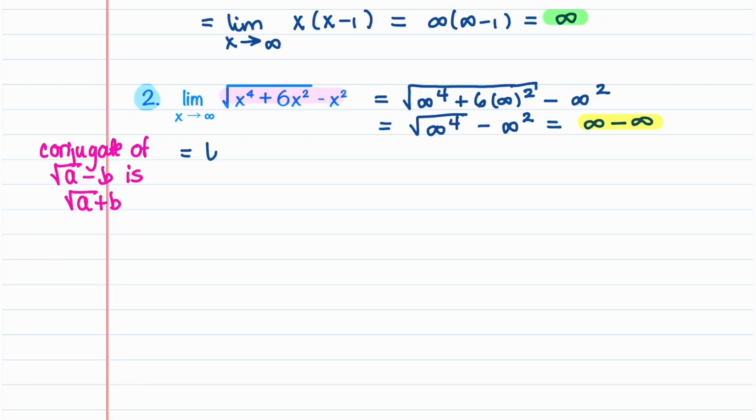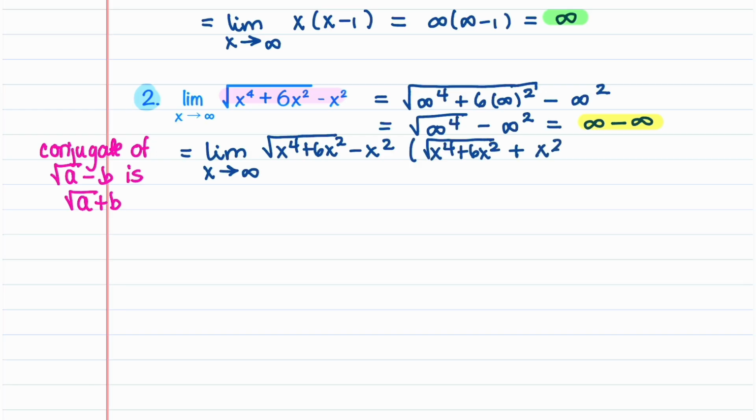This is equal to the limit as x goes to infinity, the square root of x to the fourth plus 6x squared minus x squared, and we're going to multiply by the conjugate. So we have the square root of x to the fourth plus 6x squared plus x squared. We're just changing the sign.